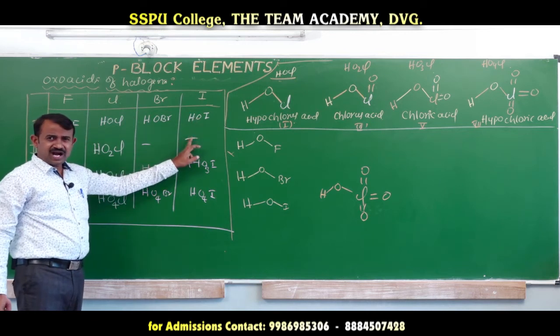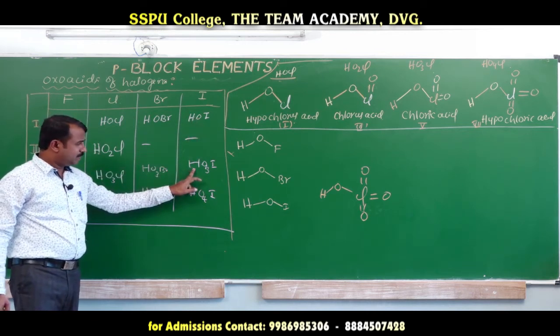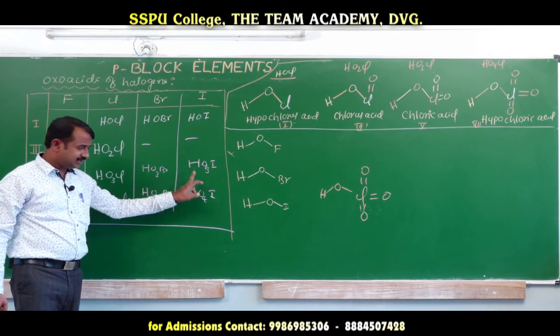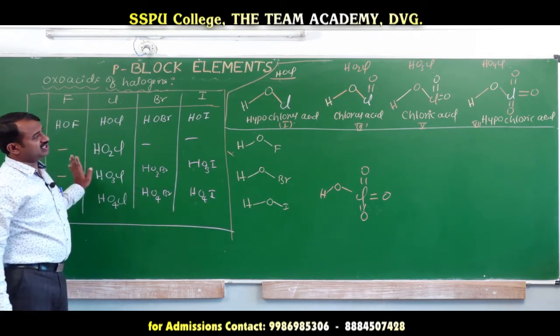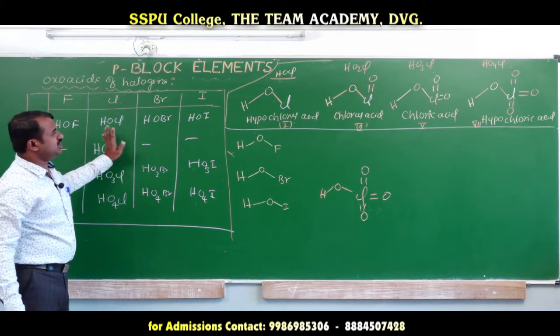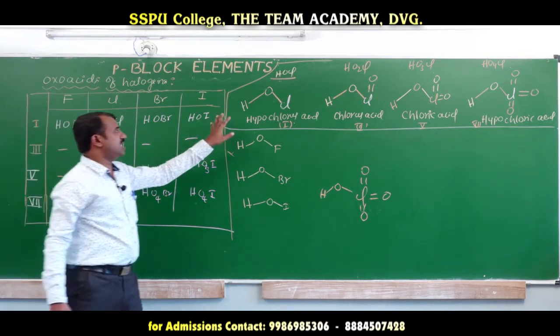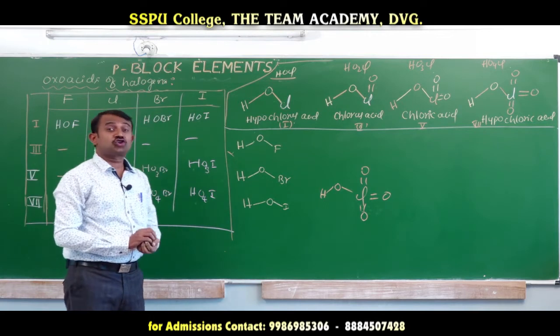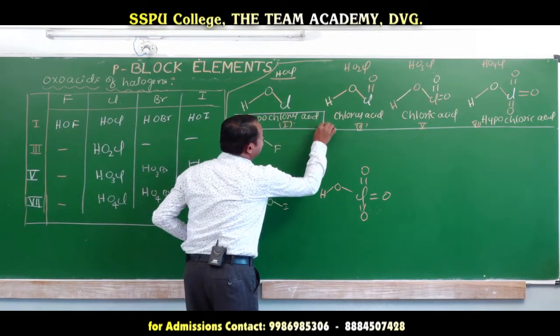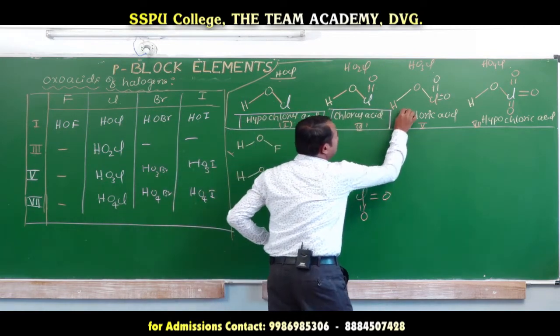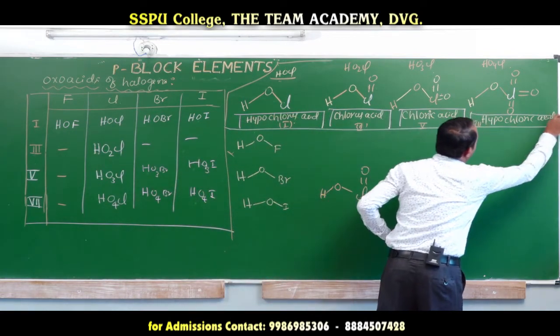Hypoiodous, iodous, iodic and periodic. Okay, these are oxo acids of halogens. In board examination, if they ask oxo acids of chlorine, you should know hypochlorous acid, chlorous acid, chloric acid and perchloric acid.